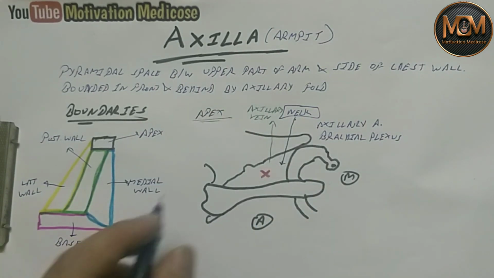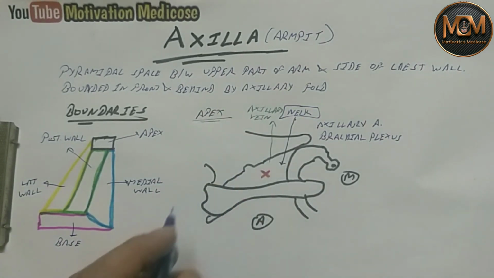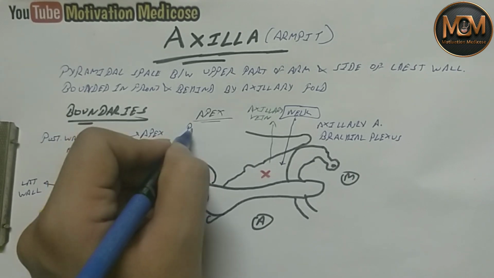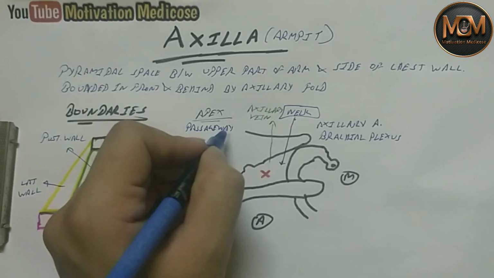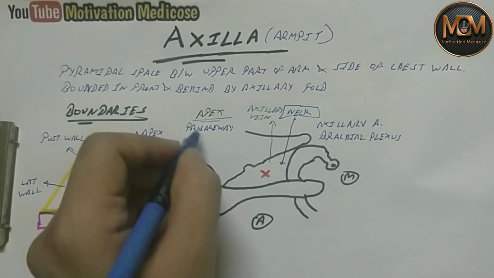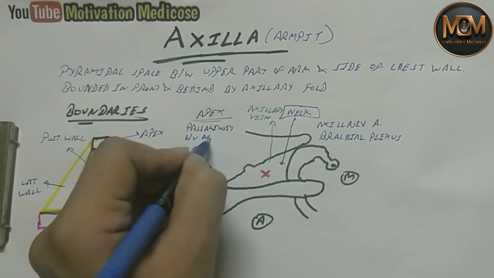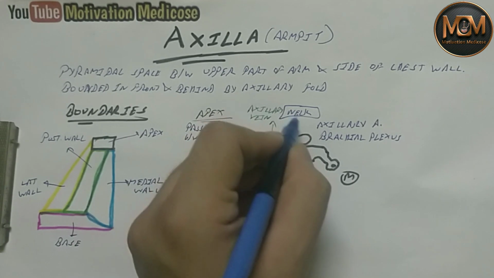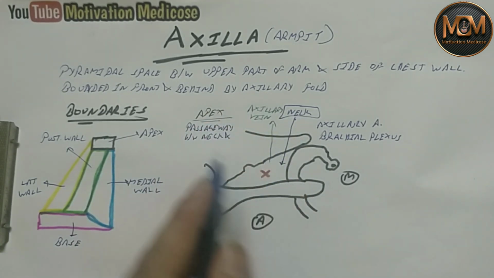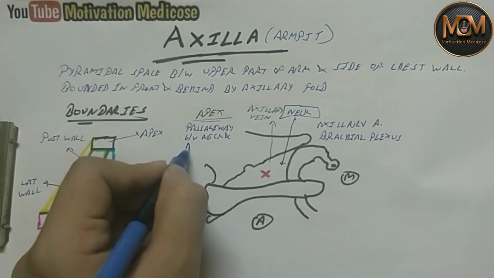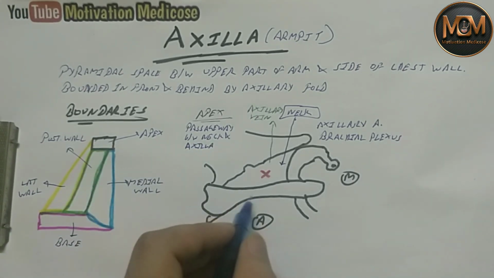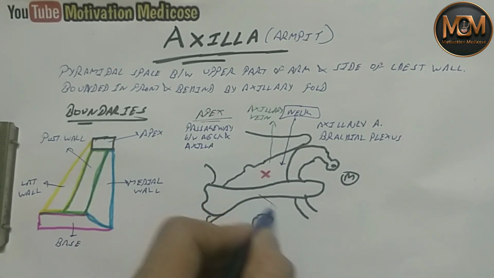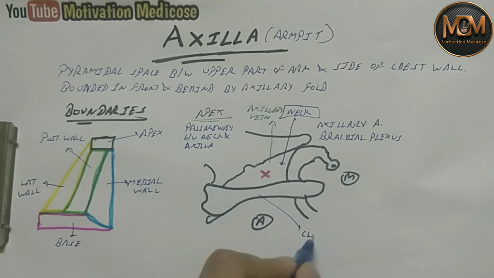Basically this apex is a passageway formed between the neck and the axilla. It is formed in front by the clavicle.